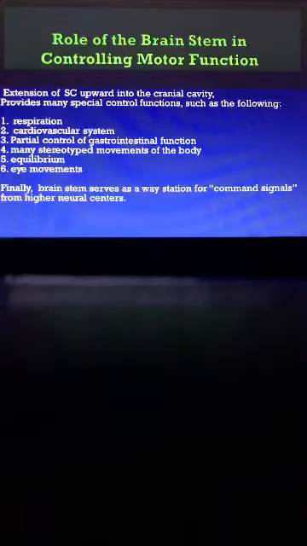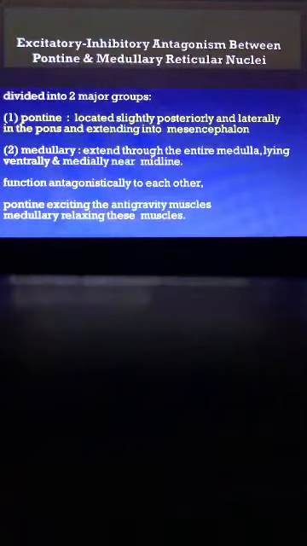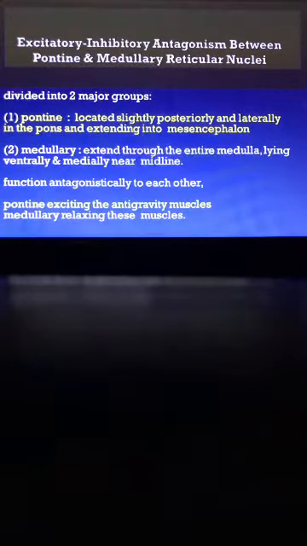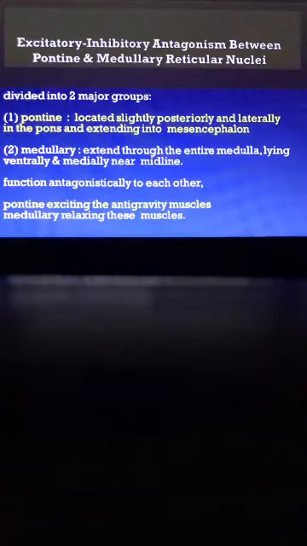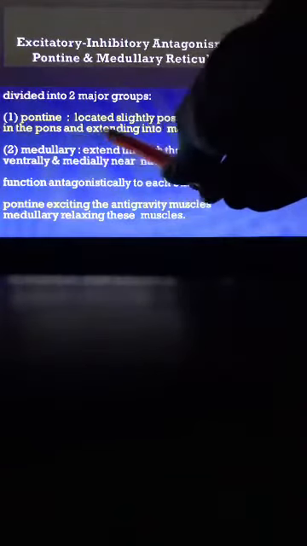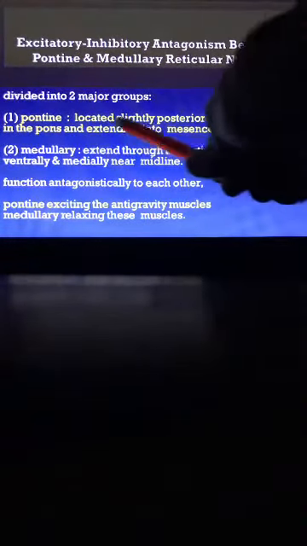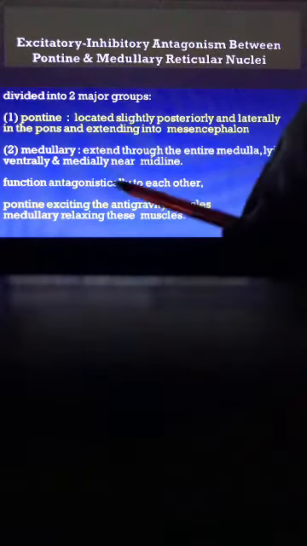وظائف أساسية للبرين ستيم: respiration, cardiovascular, GIT, stereotype movement, equilibrium, eye movements. Excitatory, inhibitory, antagonism. There is antagonism between pontine and medullary reticular nuclei. يعني البوزيشن مالتها، الميدولري أيضا هذه البوزيشن مالتها.